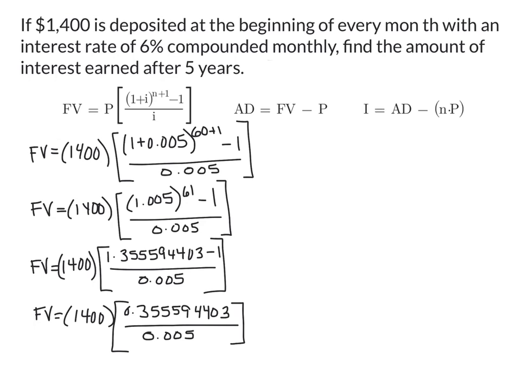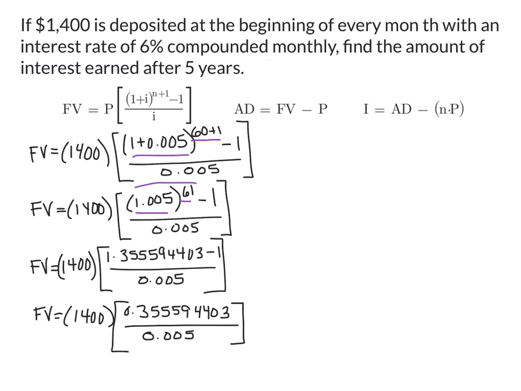So once you plug those values into the formula, you should get these calculations. First, you'll add 1 plus 0.005 in parentheses and get 1.005. Next, you'll add the numbers in the exponent position. 60 plus 1 is 61.